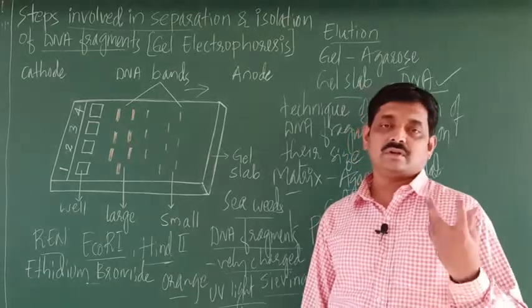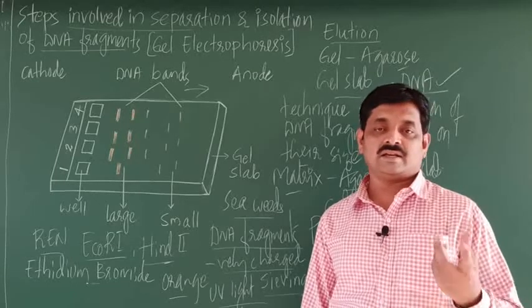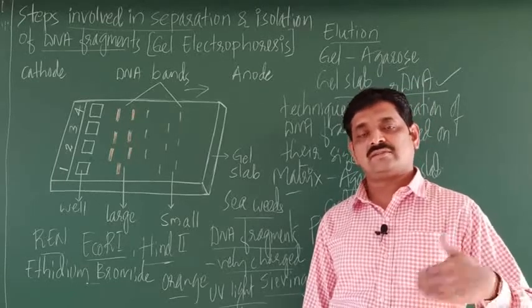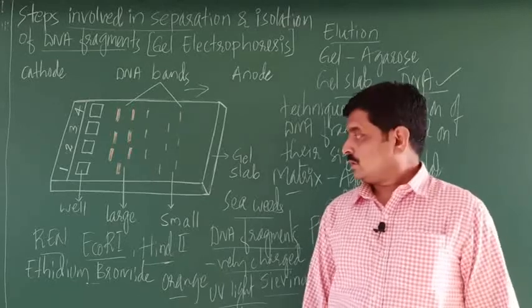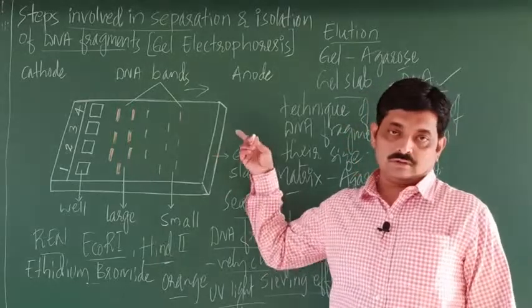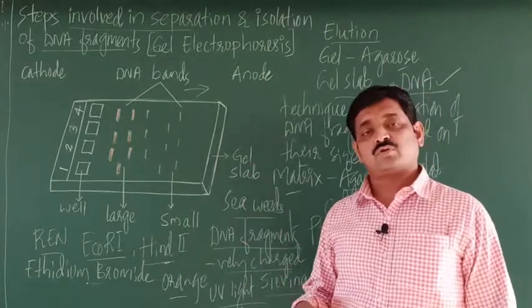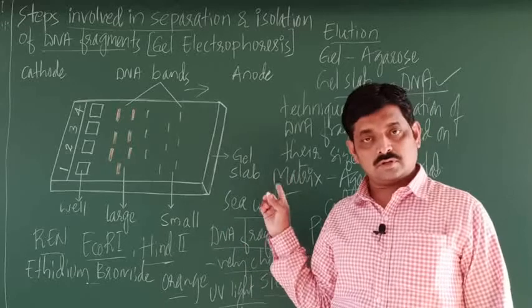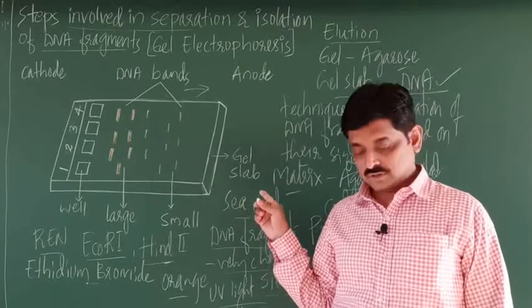In simple words, DNA fragments are extracted from the agarose gel slab by a step called elution, and later they are used to make recombinant DNA. So these are the 1-mark questions which you can expect from this topic, gel electrophoresis.